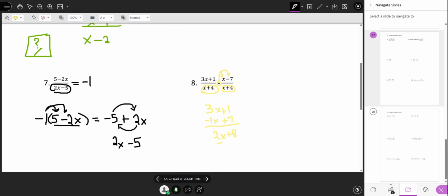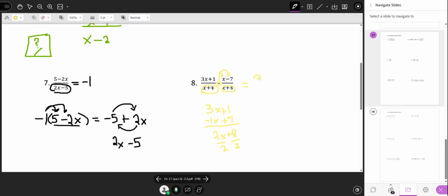Now, I have a 2 in both of these. That's why we had to do factoring common factors out.